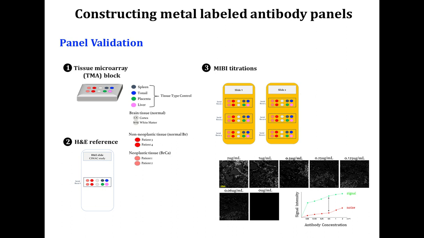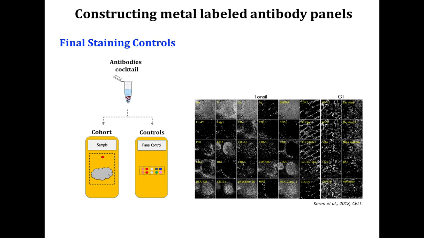Once the antibody cocktail is generated, a single core of tonsil, as you can see on the next slide, included in the same slide of the sample will be stained during each experiment and run for longitudinal standardization.